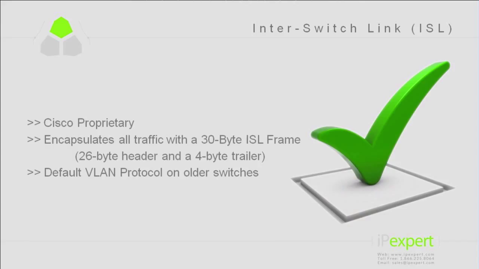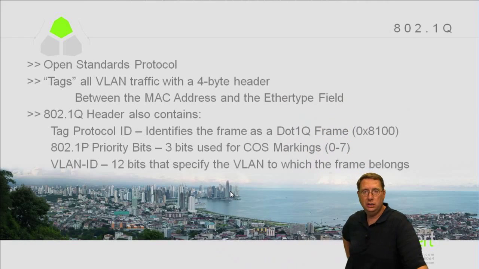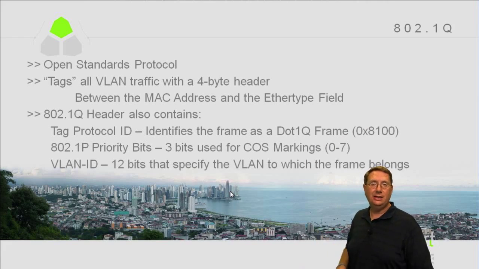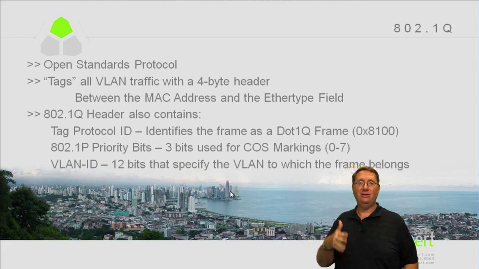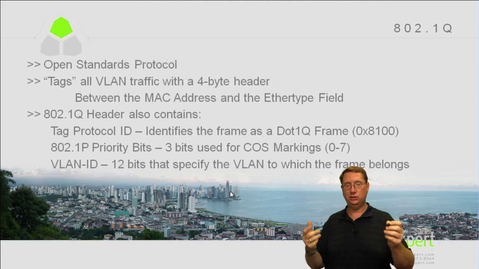Now, looking at this, it's also important for us to understand how the big boy works. .1Q, 802.1Q, is an industry standards-based protocol, and it's super simple. All it does is insert a tag on the frame, and the tag basically has VLAN 4 written on it, VLAN 100, VLAN 200.